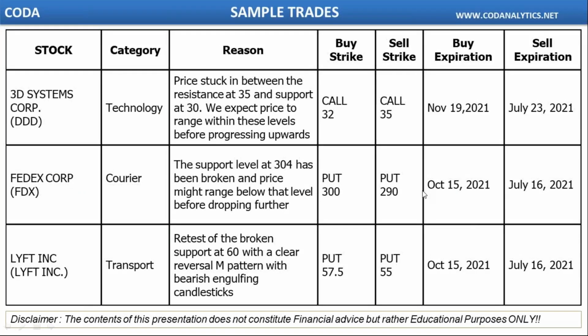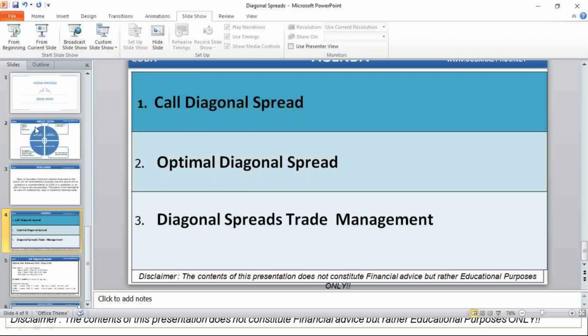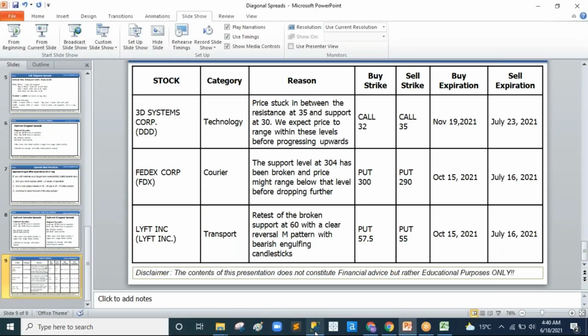So let's look at some of the trades that I looked at earlier. There have been a few movements, so we'll see if they still hold. One of them is 3D Systems Corporation, in the technology category.